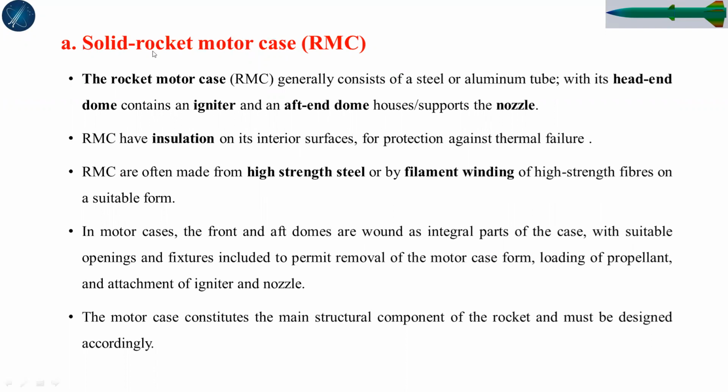One of the parts is the solid rocket motor case. The motor case is the external shell which encloses the overall internal system. The rocket motor case consists of a steel or aluminum tube with a head end dome. The head end is domed and contains the igniter.